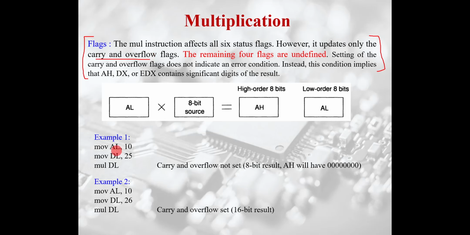For example, I have to do 10 into 25 multiplication, both decimal numbers. So I'm moving 10 into AL, and I'm moving 25 into DL, and I'm just writing MUL DL. Obviously, I don't have to specify AL here, and since it is DL, it does an 8-bit multiplication. So the answer will be 250, and the answer will be put into the AL register, and the AH register will have 0000.